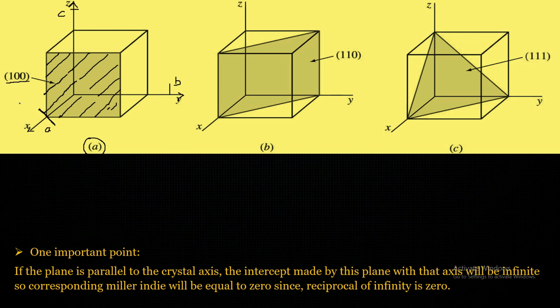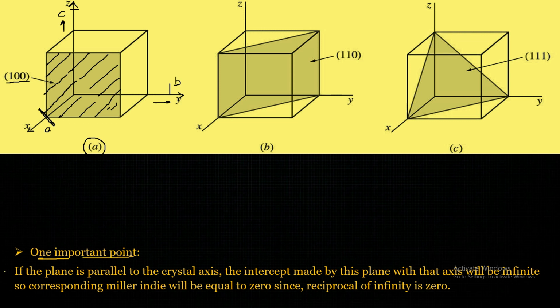Let's see, the plane which cuts at a is perpendicular to the x-axis and parallel to the y-axis and z-axis. You can observe that along the y-axis it is parallel, and along the z-axis it is also parallel. To understand this concept, we will discuss one important point.